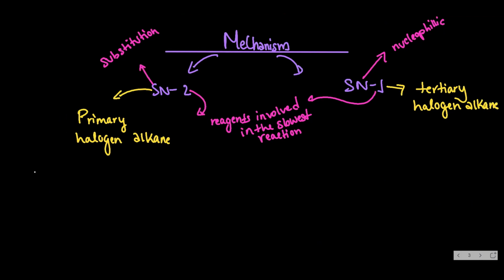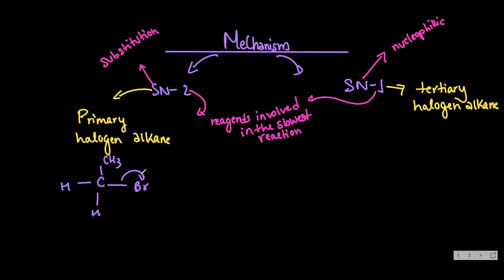Now, when it comes to primary halogen alkane, why does it do the SN2 mechanism? Let me explain. For example, in this case, I'll draw bromine, and then I'll draw 2-bromo, oh no, sorry, my bad, 1-bromoethane. I'll draw this chemical.